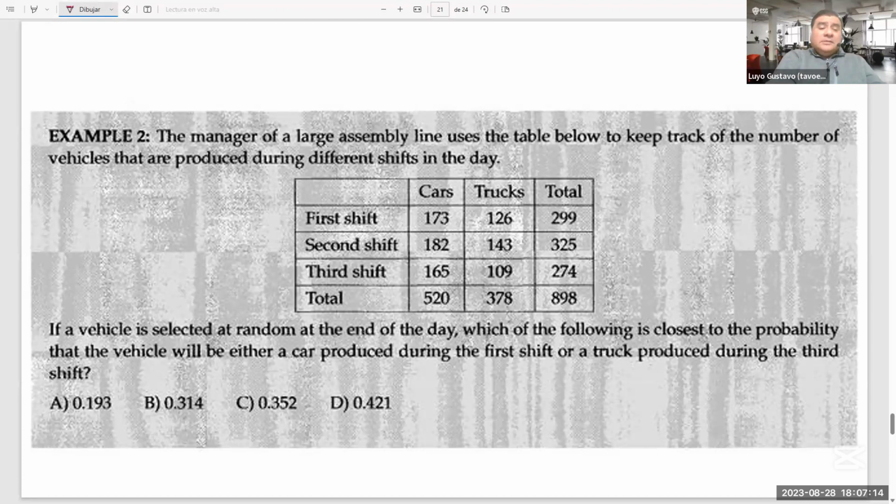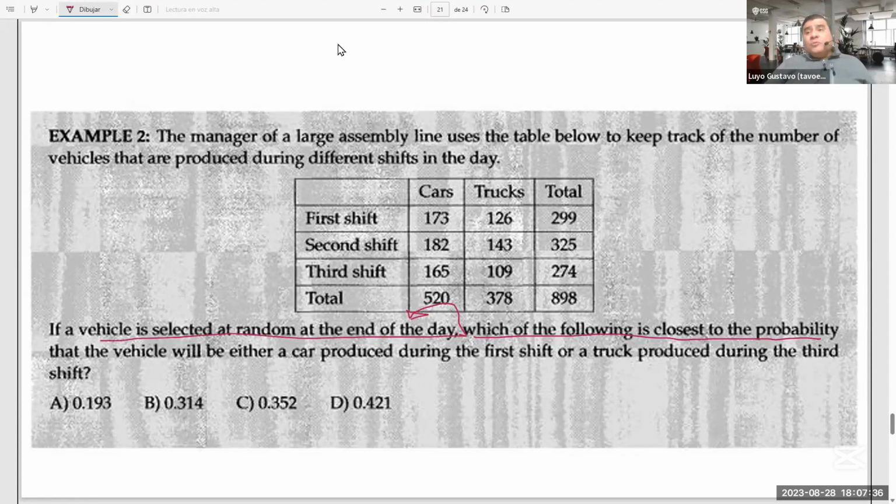This question says that we need to calculate the probability. But what is the group under consideration first? Notice that before the question, what is the probability, there is this part: if a vehicle is selected at random at the end of the day. So what is our group under consideration? It's any vehicle that has been manufactured in the assembly lines.